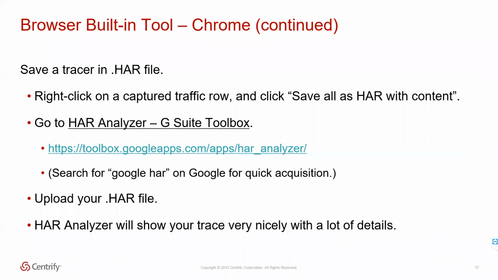And then what you can do with it: Google has made this HAR analyzer, in the G Suite Toolbox. So here's the link. But honestly, even for me, you either bookmark that or just go to Google and search for Google HAR, and the HAR analyzer will be your first hit. You'll see a button to upload the file, and it will show you the trace you have captured very nicely with a lot of details too.